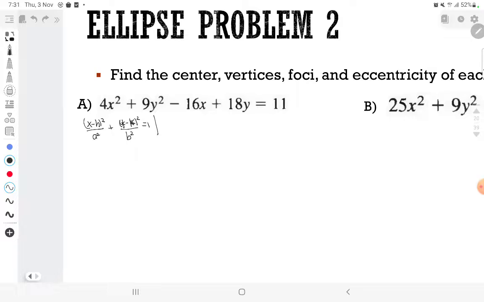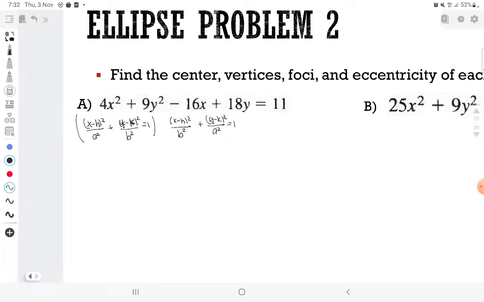For our vertical, we have (x minus h) squared over b squared plus (y minus k) squared over a squared equals 1.